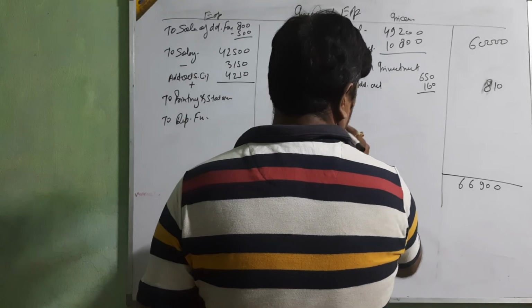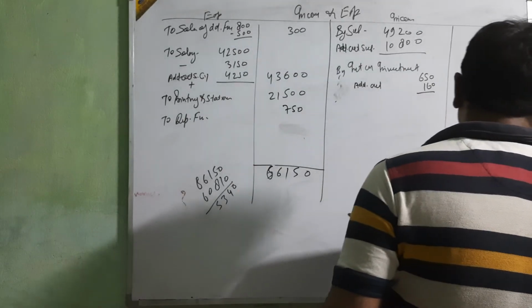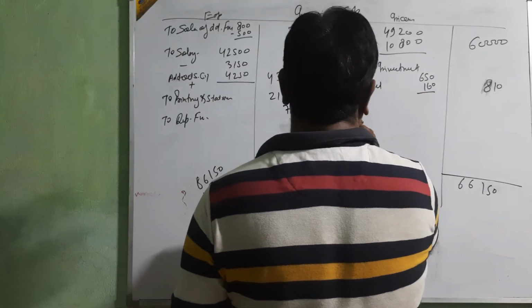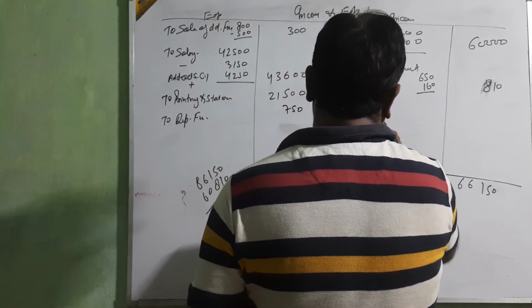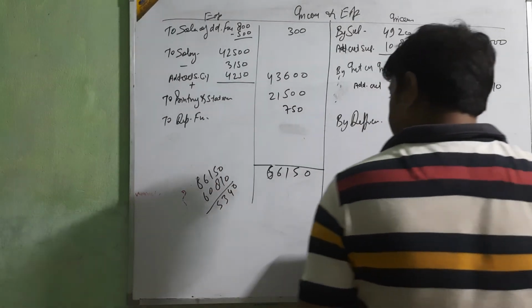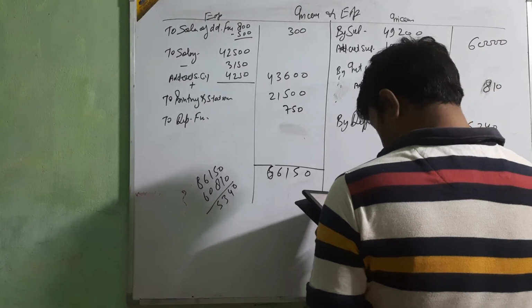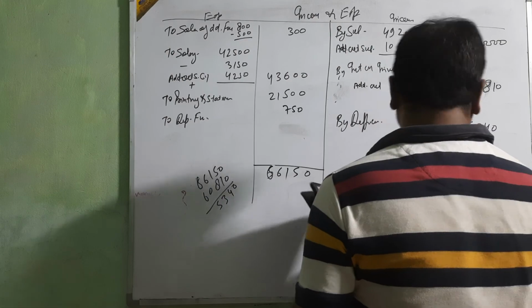This side, because this is bigger, that bigger, no beta. 61, 50 is bigger. So this side, deficiency 53, 40, I think. 53, 40.